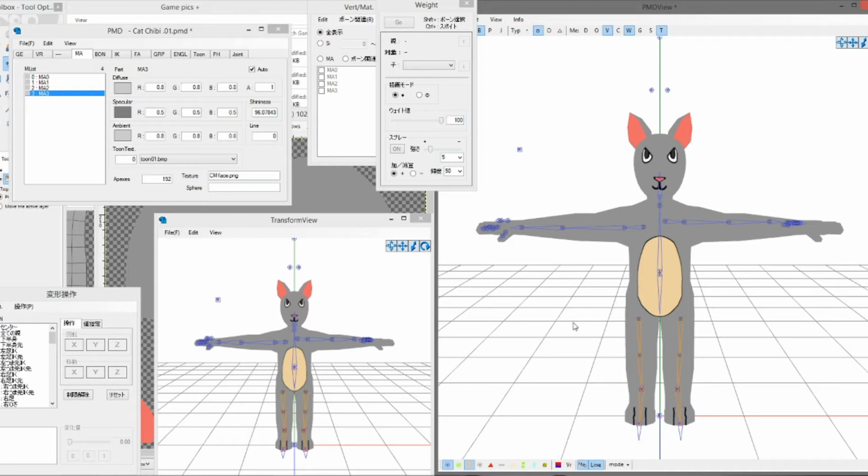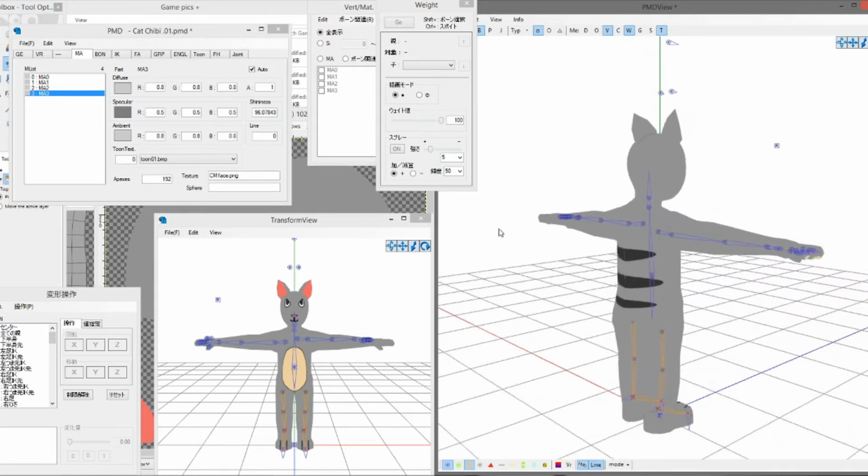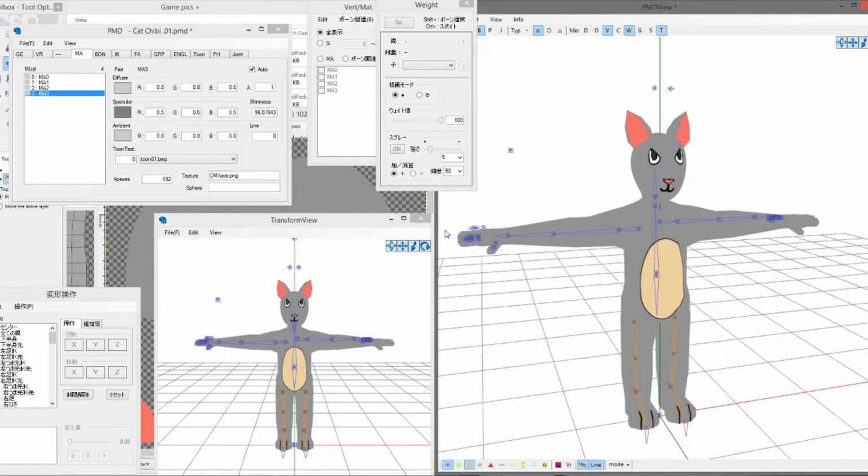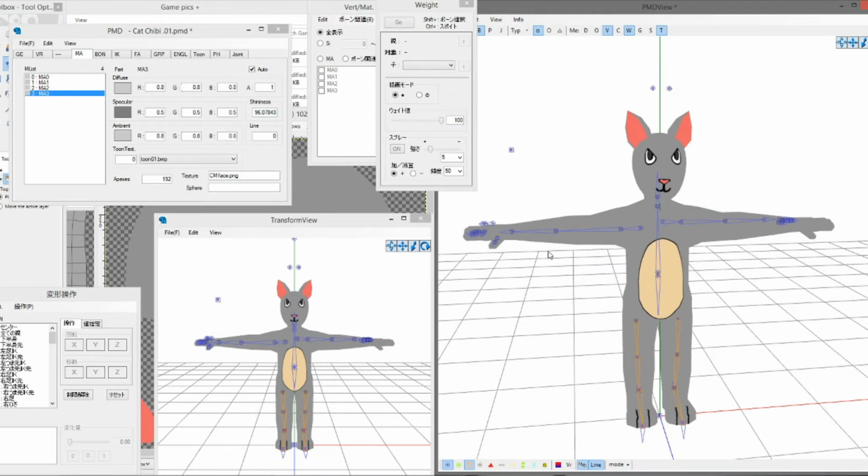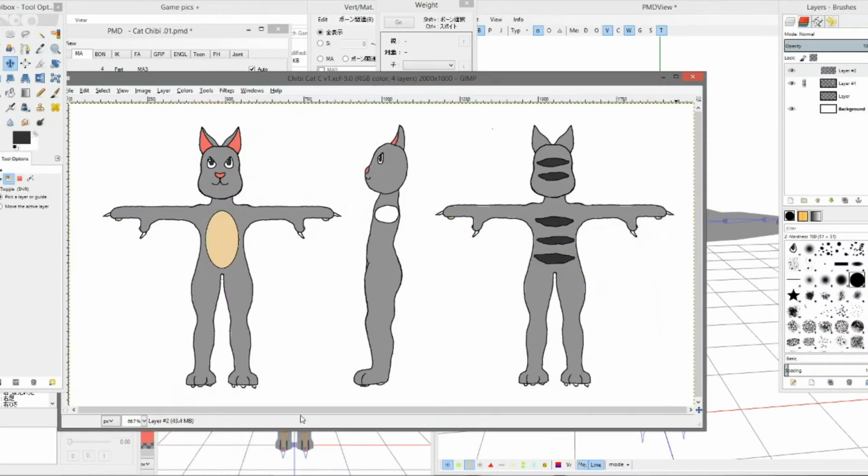YouTube and DeviantArt. But I've been hard at work trying to get this game model. This is the game model that I'm going to be using to work. And here is the picture of the preview of the game model.